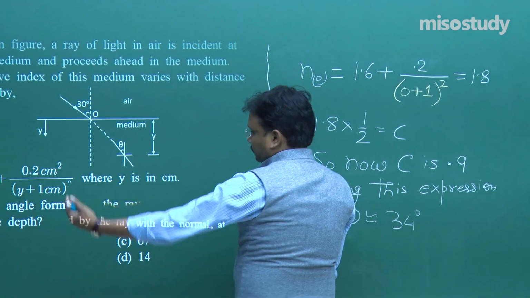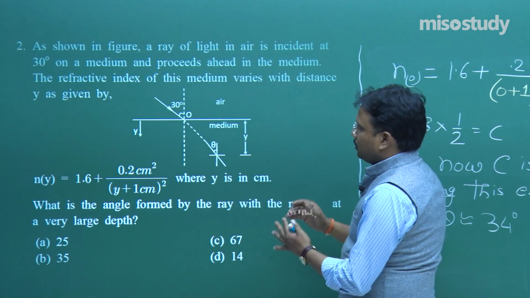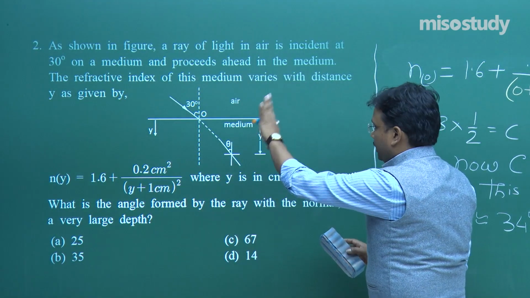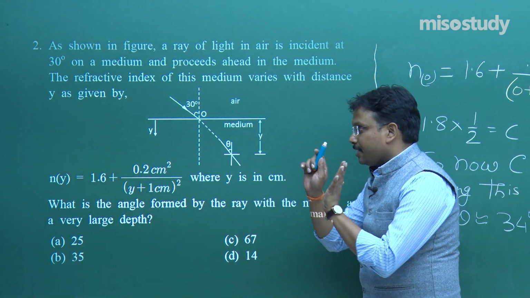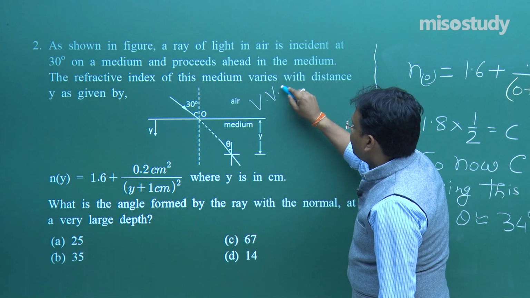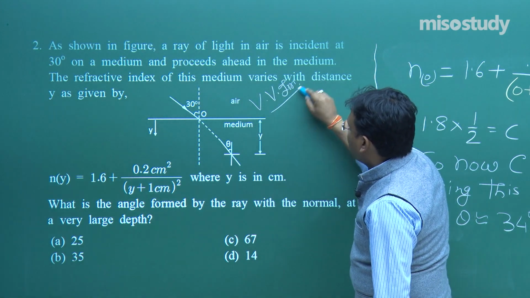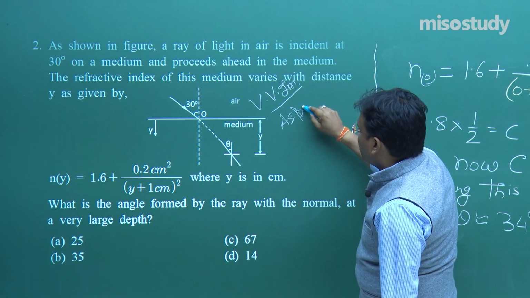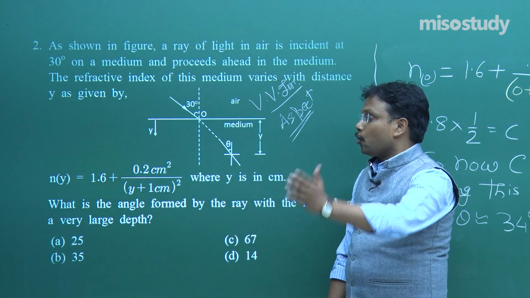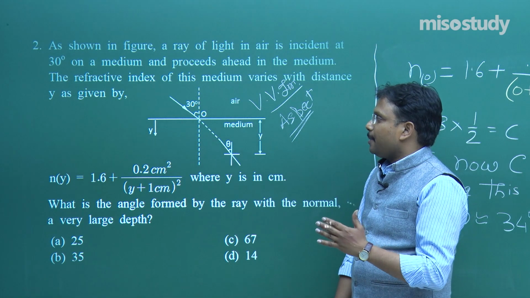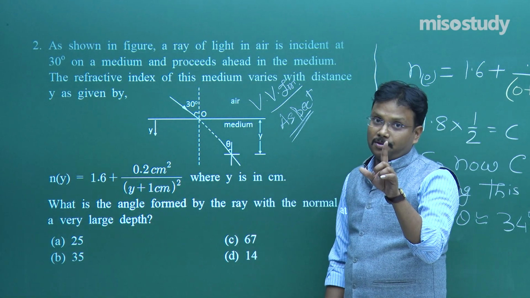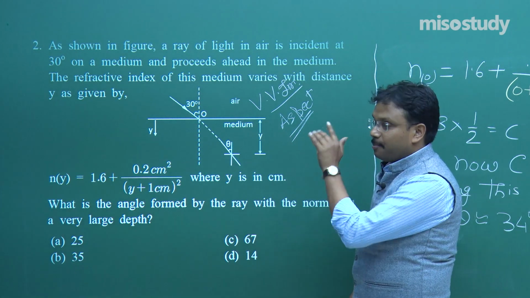This was a slightly bigger question, so we devoted a good amount of time to understand it. But my simple request and suggestion, a very, very important aspect, please learn it. If you go back to the previous years' question papers of JEE Advanced, you will find these types of problems. They don't ask simple questions.